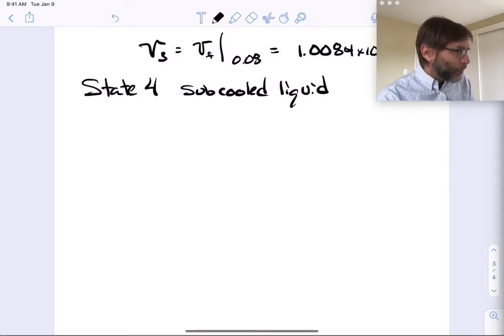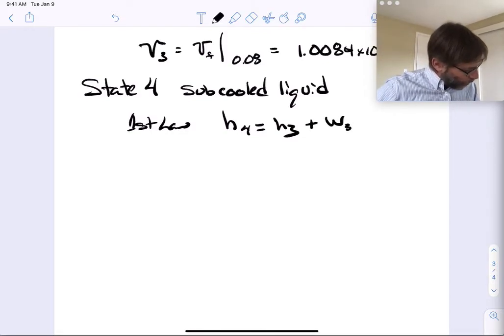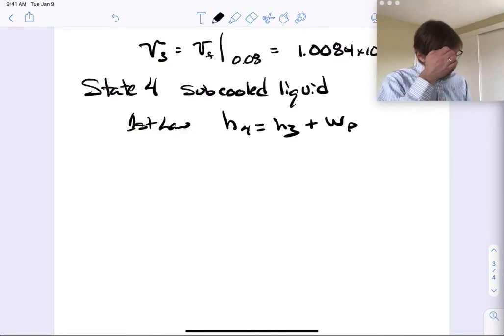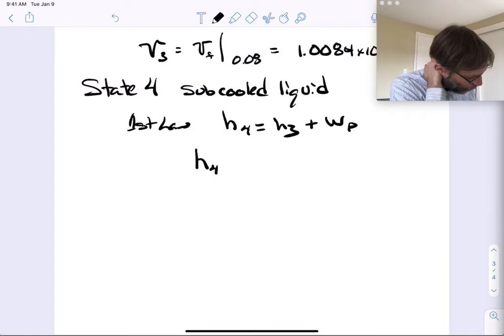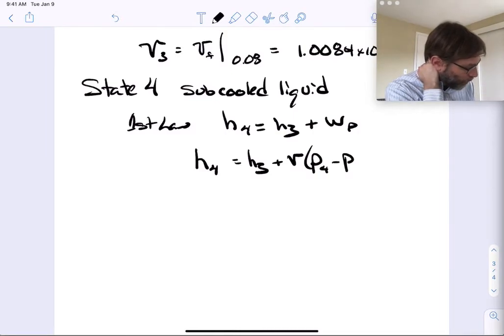So let's just say we're going to use the first law. We'll know that H4 equals H3 plus work 3-4, or work of the pump. We'll just call it work of the pump. Okay, and where work of the pump equals the integral of v dP, so H3 plus V times (P4 minus P3).